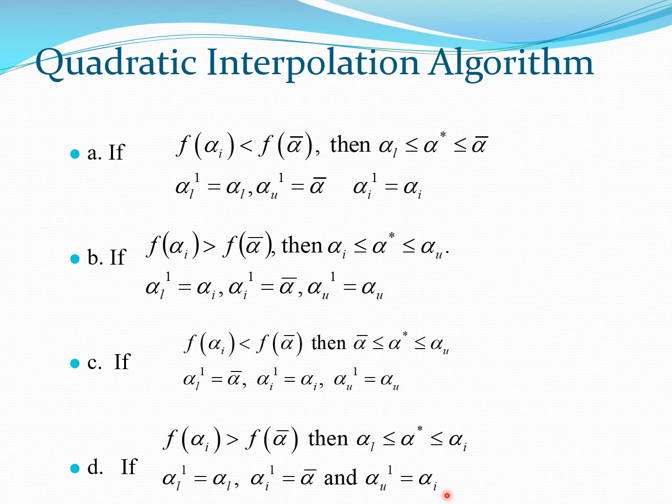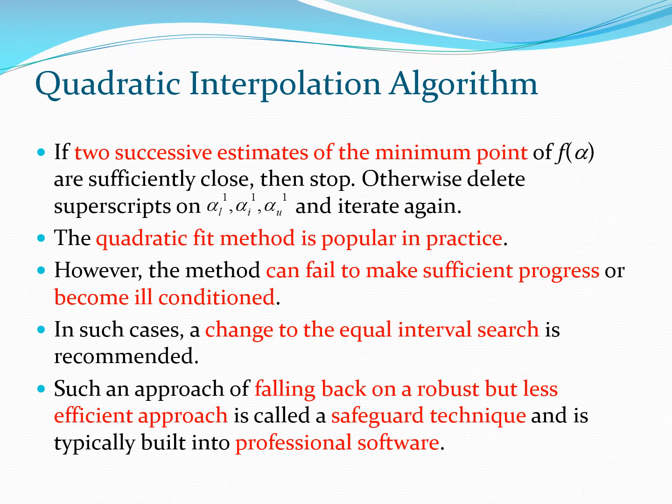So in all these cases, you see the interval comes down. Here it comes down to alpha L, alpha I. So essentially, this particular process will bring down the interval, and then what you need to do is decide whether to continue or not.